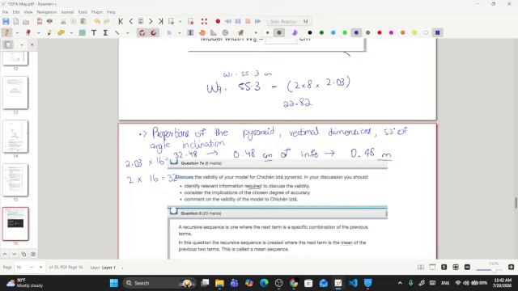But let us comment on the validity of the model to Chichen Itza. Realistically speaking, let's evaluate what we have. First things first, it was for an educational purpose. Secondly, we know that all of the layers are correct.